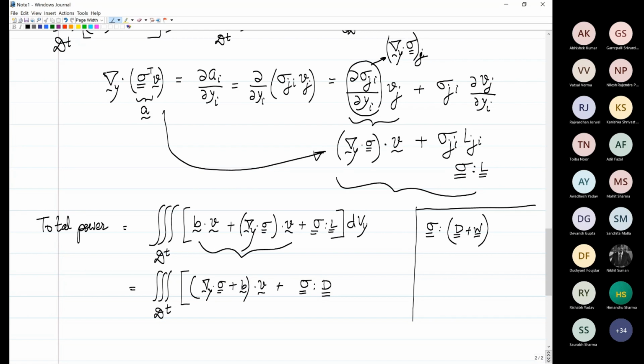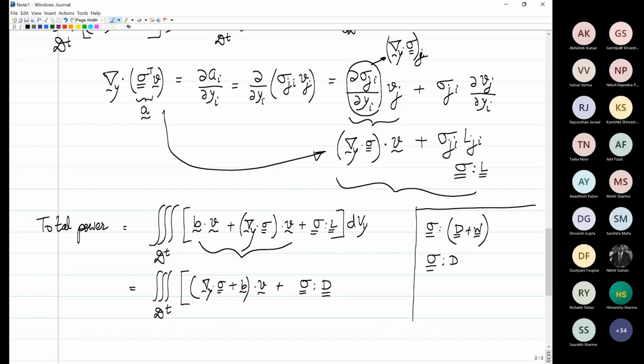Remember the antisymmetric part of L. Sorry, I think D is called the stretching tensor, perhaps. I forgot the name. But D is the symmetric part of L. So just be sure about that.